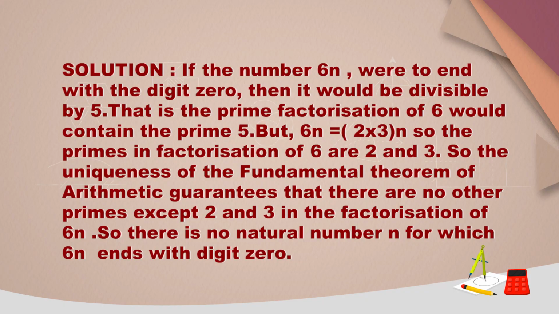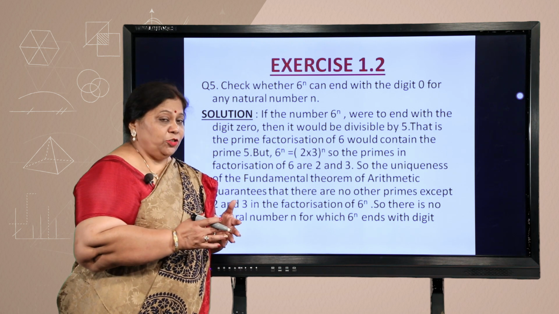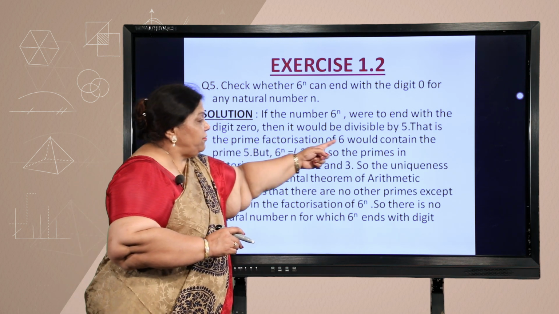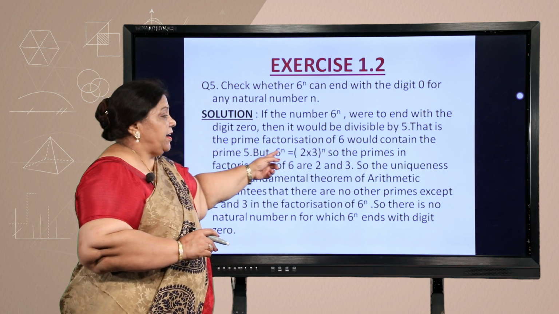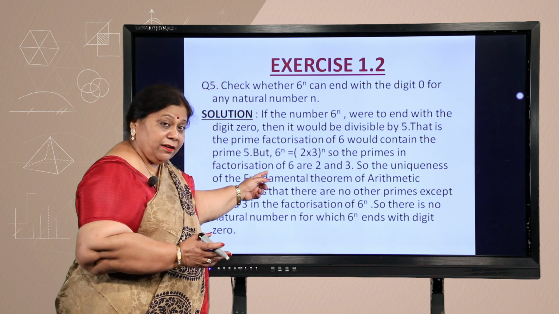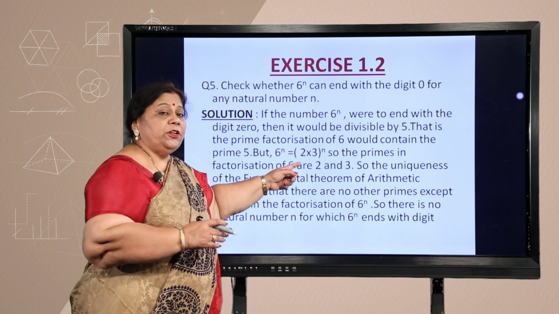Now, if the number 6 to the power n were to end with digit 0, then it would be divisible by 5, because if it is divisible by 10, it should have factors 2 and 5, right. So, that means it should be divisible by 5. That is, the prime factorization of 6 to the power n would contain the prime 5, but just look at 6. 6 to the power n has only two factors.